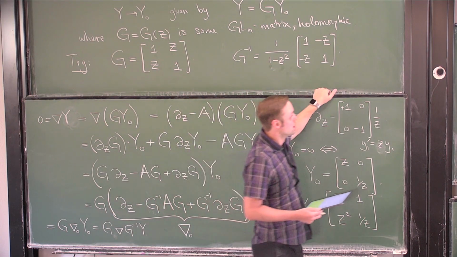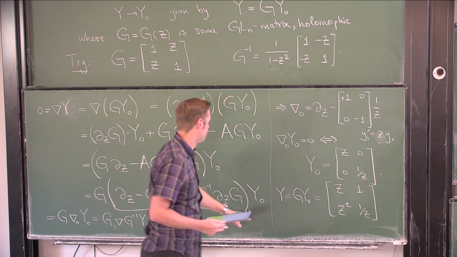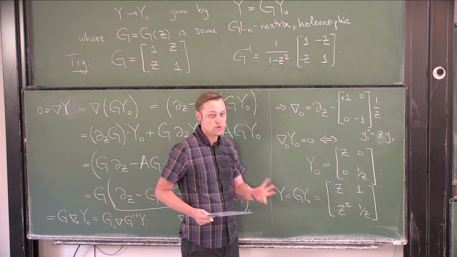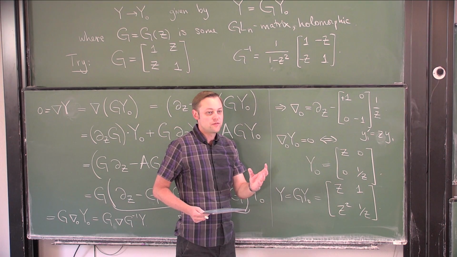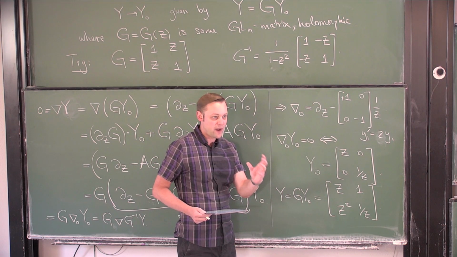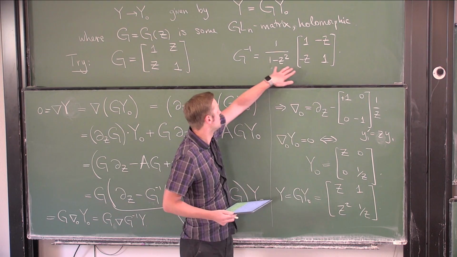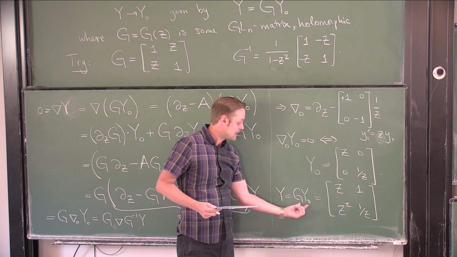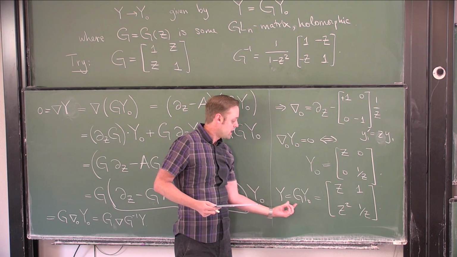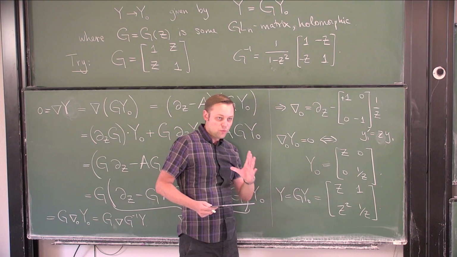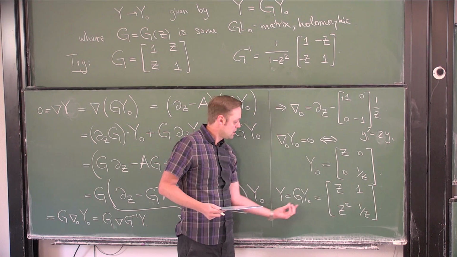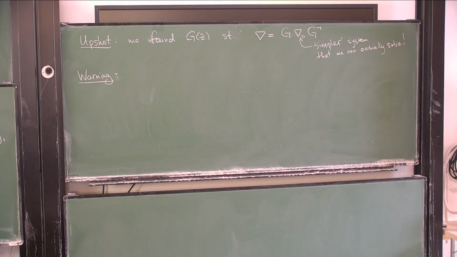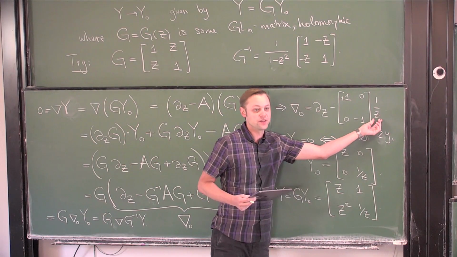So a priori, the solution that we found, this solution Y, because we used a transformation G whose domain of definition is strictly bounded by these bad points at plus or minus 1, is only valid within that range. And in particular, I'm secretly focusing here really on this point z equal to 0.